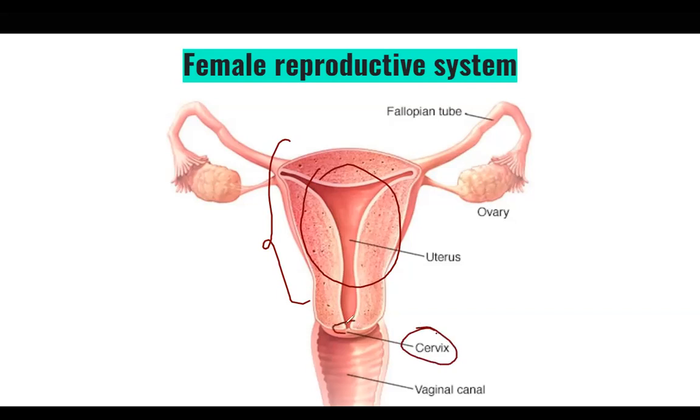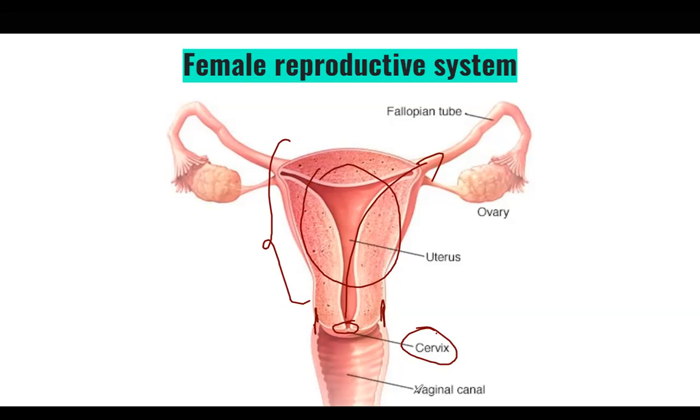The cervix is the opening or neck of the uterus. Sperm pass through the cervix in order to reach the egg cell in the fallopian tube.